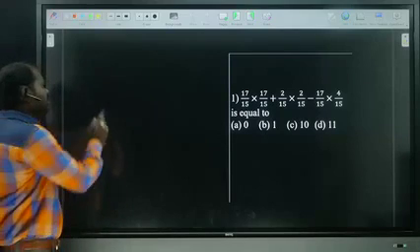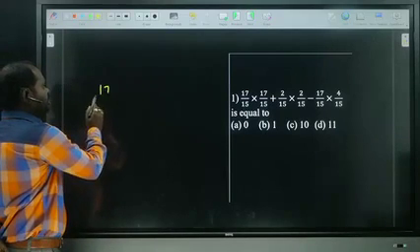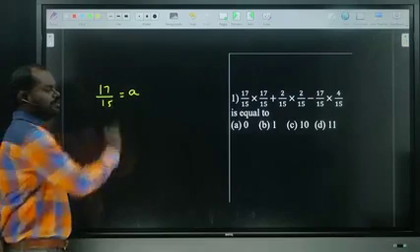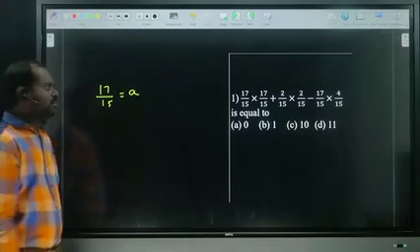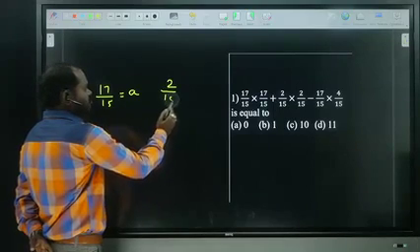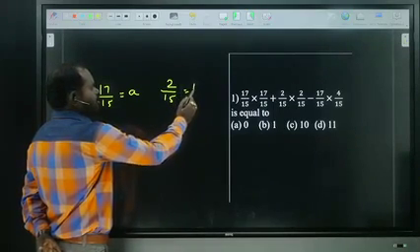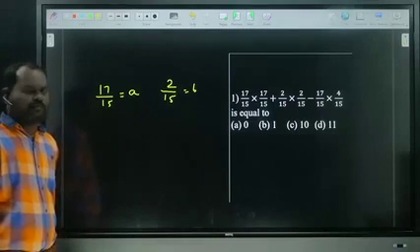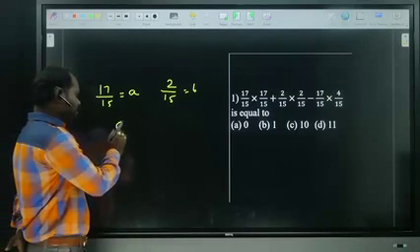Now let us assume 17 by 15 as a, whereas 2 by 15 we assume as b. Now observe carefully, 17 by 15 is repeated 2 times, nothing but a square.